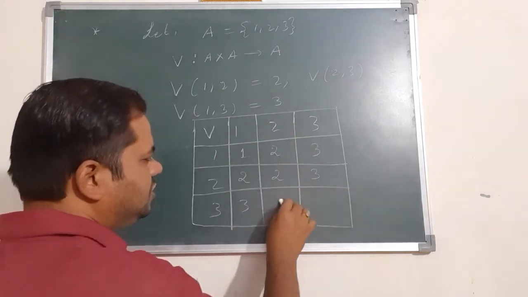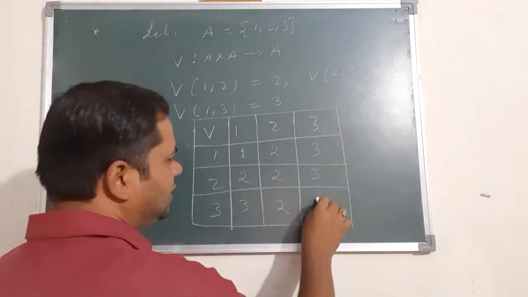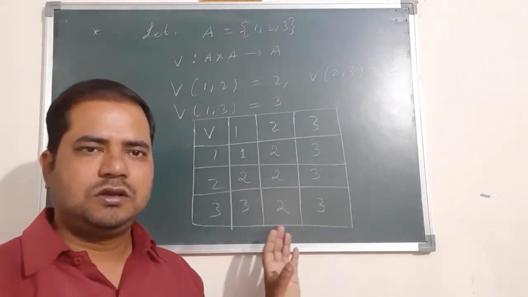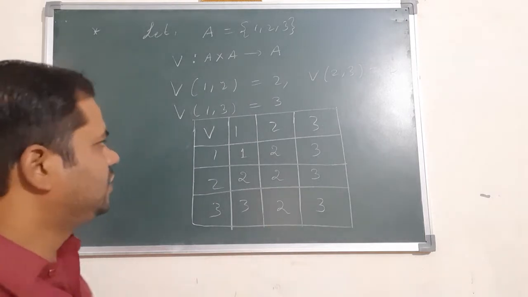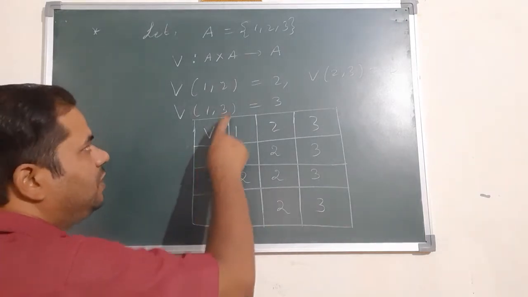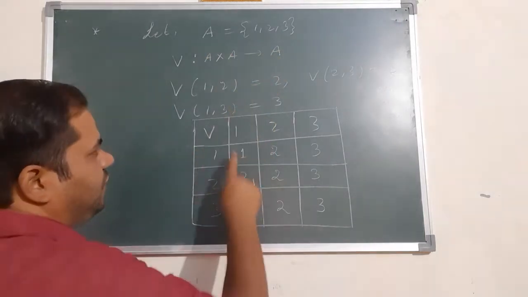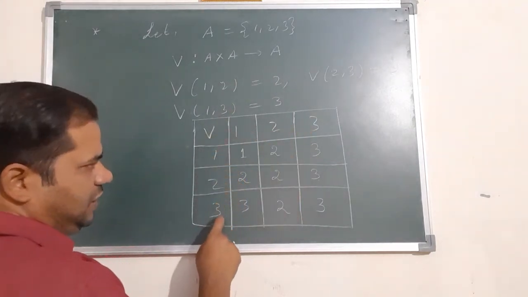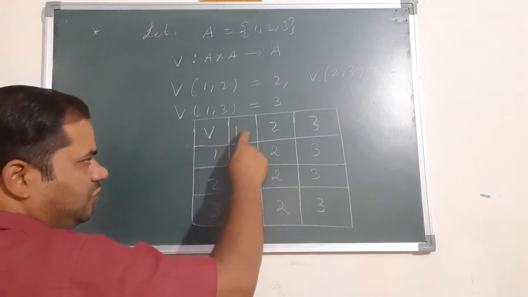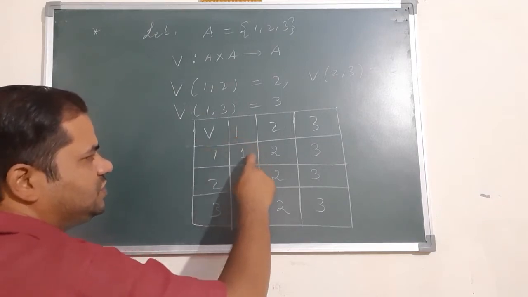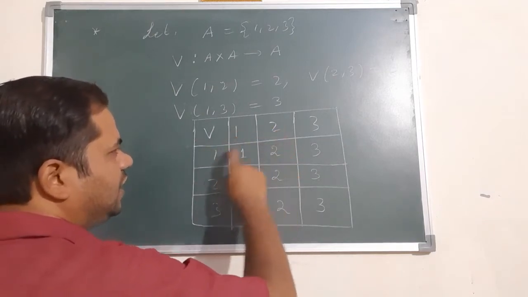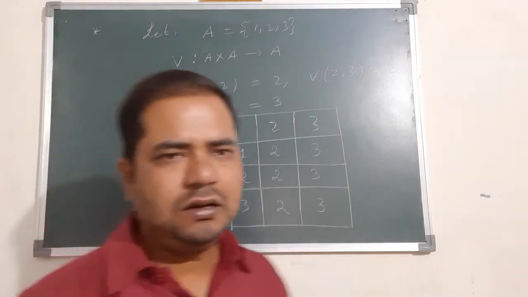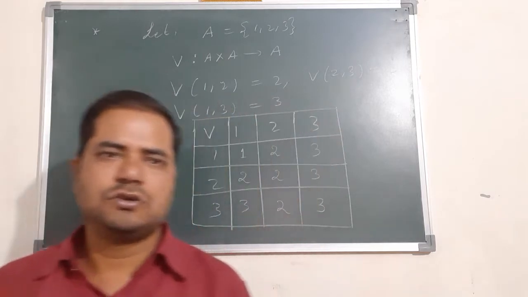Maximum of 3, 2 is 3. Maximum of 3, 3 is 3. So this is the table. You may understand this table. This is the function maximum on the set A. Similarly, you can make the table. Okay, so note it down.